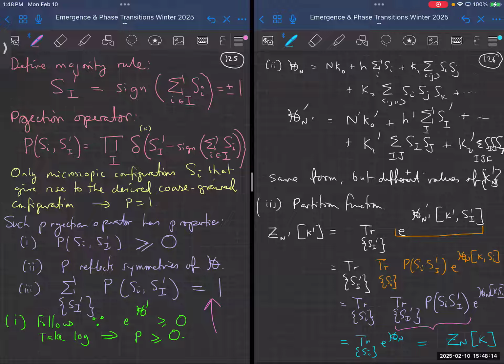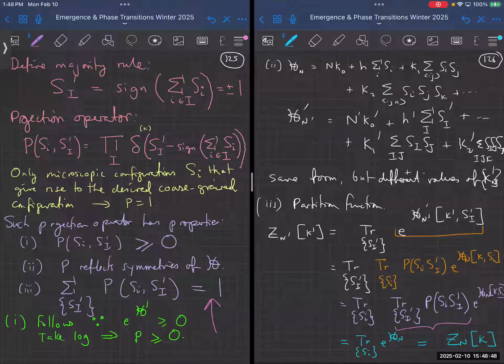Yep. So it's actually a requirement of the coarse graining to have the partition function be the same. So if you go back to the requirement at page 123, that's not required. Like if you just start with the system that had this new state variable that was capital S_I, then you wouldn't need to take into account the multiplicity. Right.